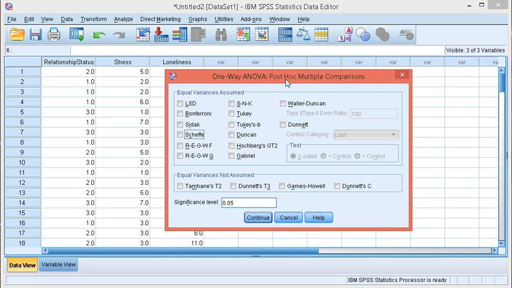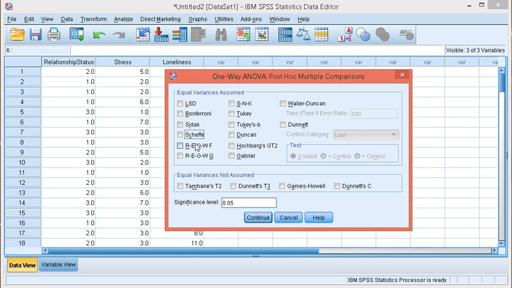We have three means, but where's the actual difference? Is it between mean 1 and mean 2, or mean 1 and mean 3, or mean 2 and mean 3, and so forth? This is the purpose of post hoc tests. Now there are several options.